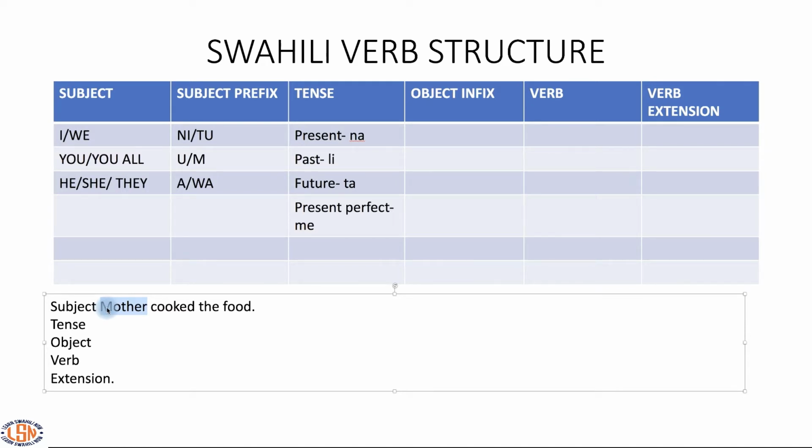The subject is the person or thing performing the action we are talking about. What is the tense? The tense is the time that the action took place. So in this sentence that we have, mother cooked the food, the action took place in the past. Okay? So time, the action took place.